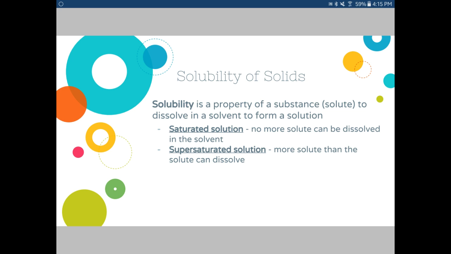So often we can get more solute dissolved into a solvent when we increase the temperature. Now, that depends on what we're trying to dissolve, which we'll talk about in a minute, but in general, temperature affects the solubility of a substance. So we can have a supersaturated solution by either heating or cooling a solution to cause more solute to be dissolved.